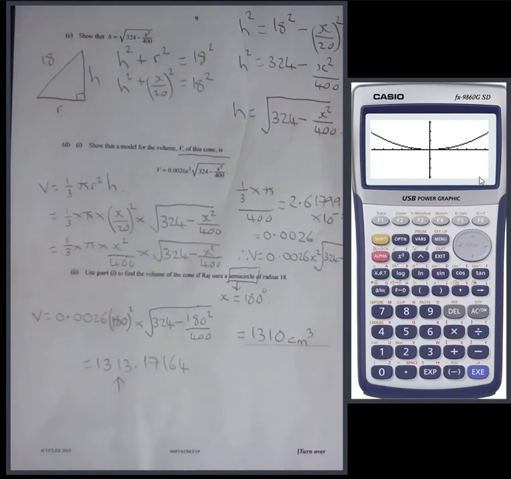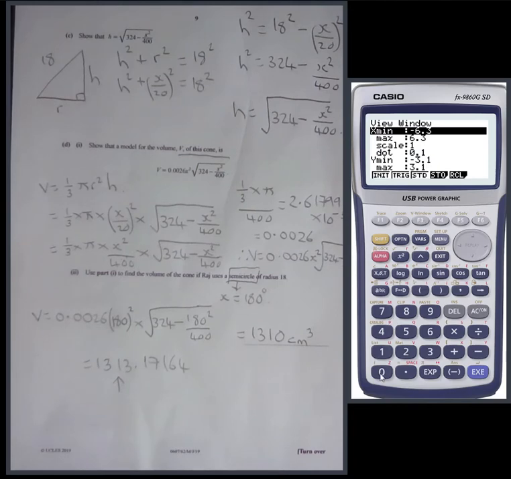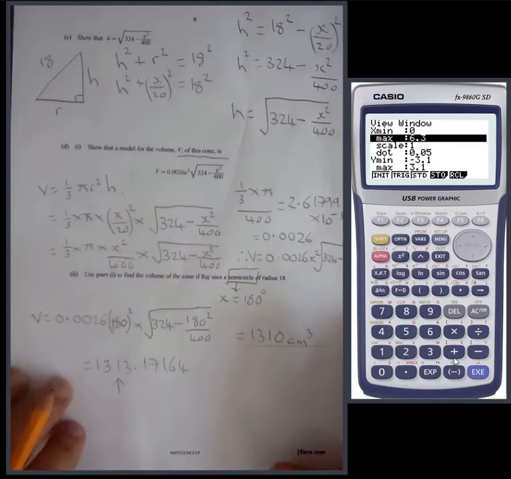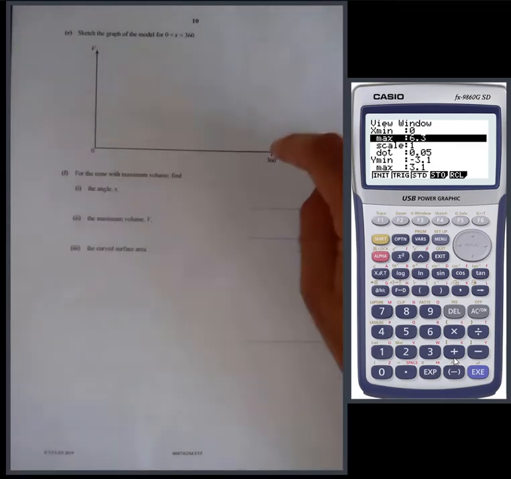And then we have a look at it, and we're looking at the wrong bit of the model. So we need to set the view window. We definitely want x min to be 0 and x max to be 360. Remember, we're trying to draw it on here.